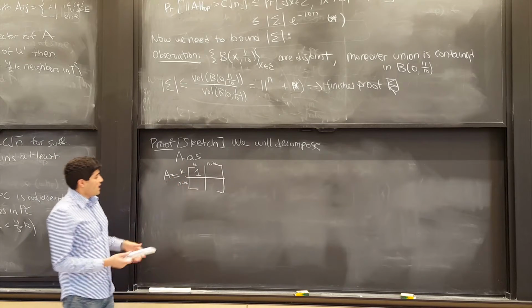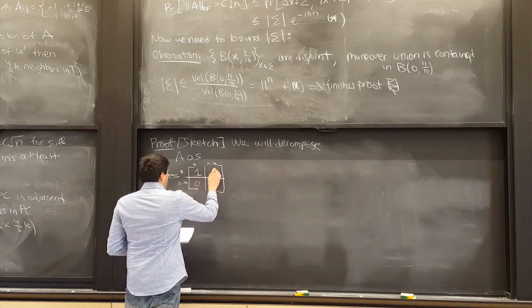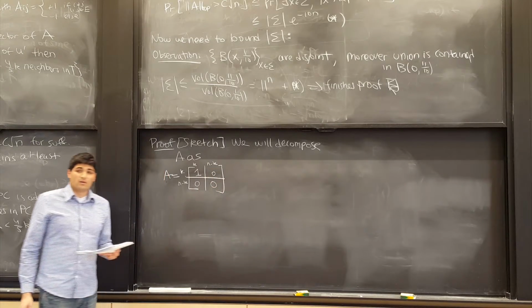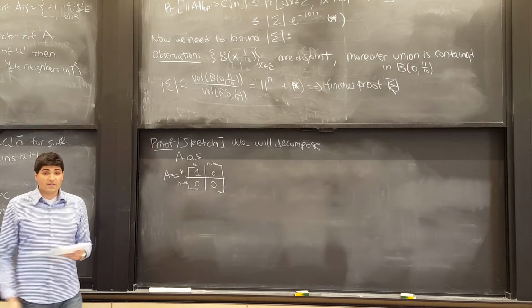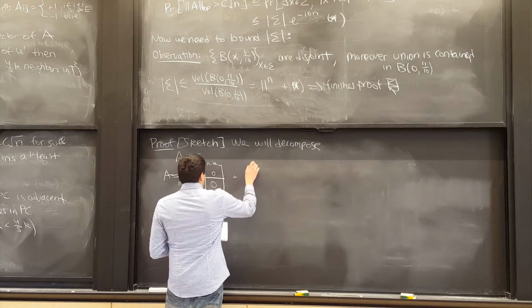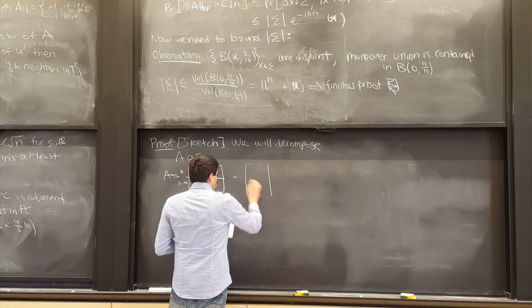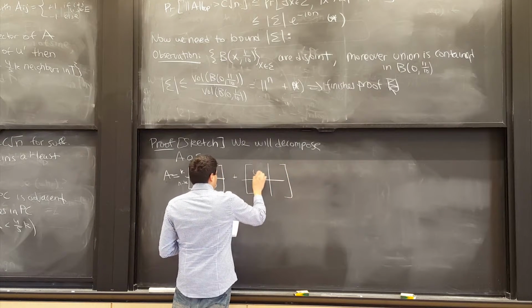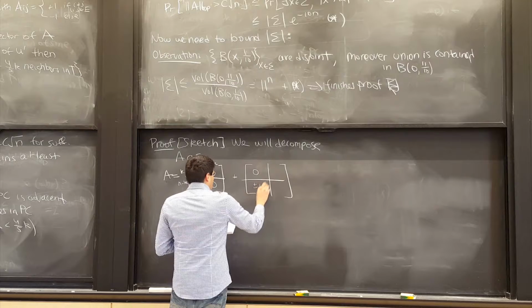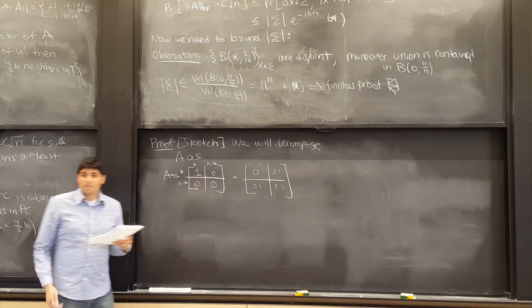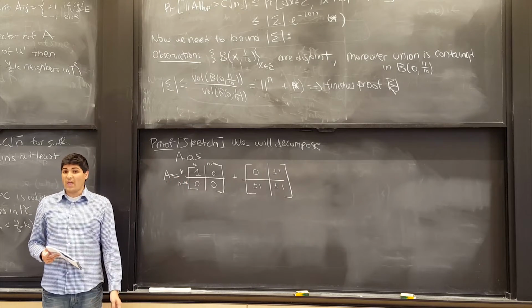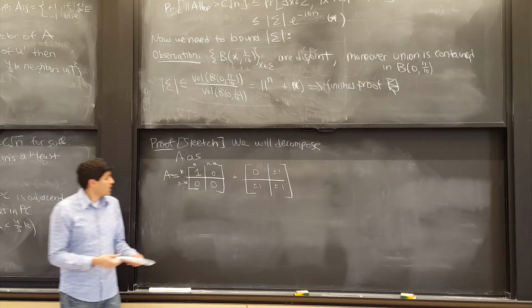So we're going to decompose A as the sum of two matrices, one of which is just the indicator matrix for the planted clique. So it picks out all those vertices that are in the planted clique. And lo and behold, the remainder will be some type of error matrix that has all the remaining plus or minus 1 entries, except for the things in the first K by K submatrix.